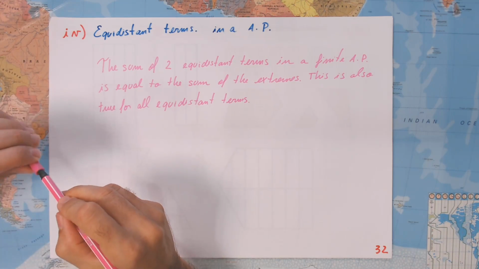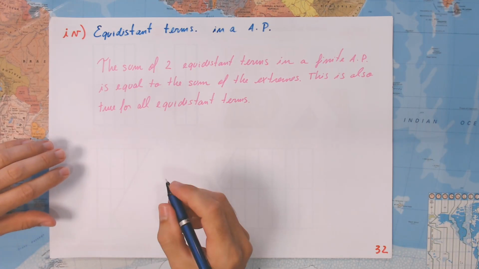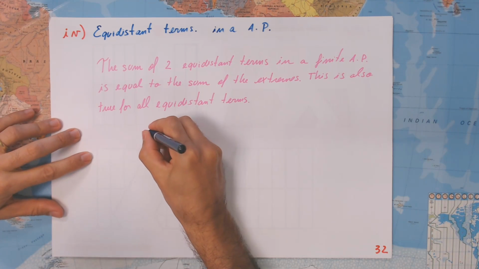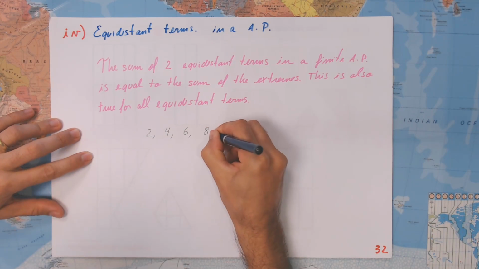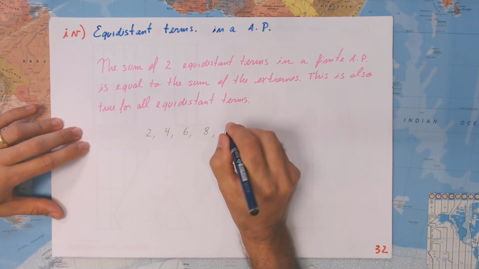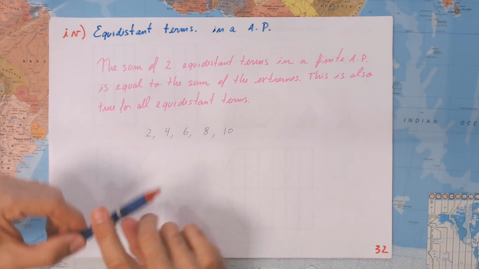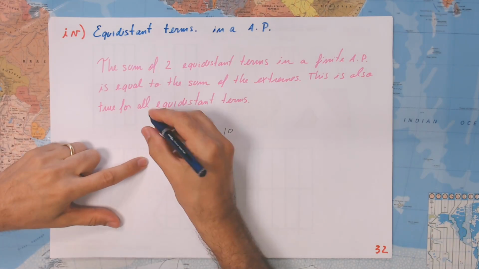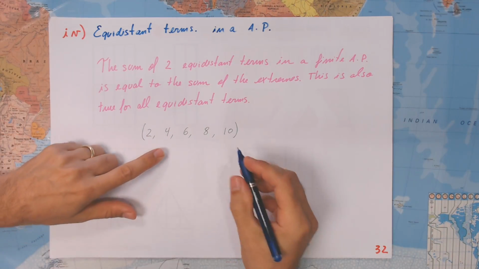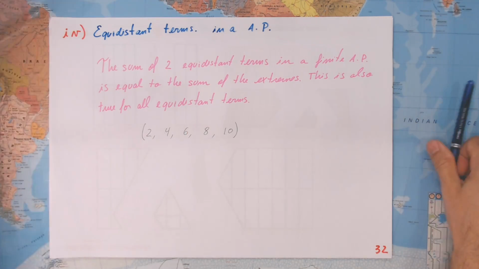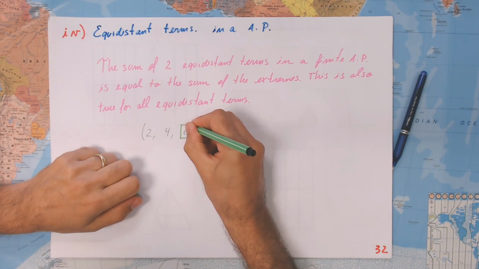So, for instance, let's suppose we just have the numbers like 2, 4, 6, 8, 10. Okay, this is our sequence. That's how we represent our sequence, and this is a central term. Let's make it green. As you have noticed, I love colors.